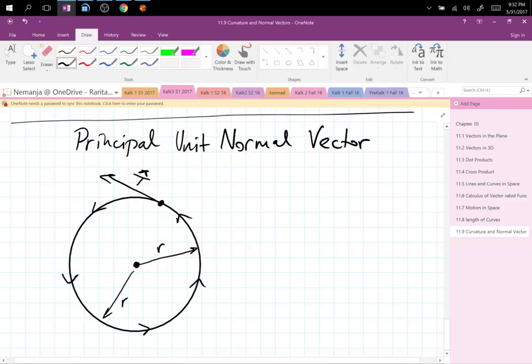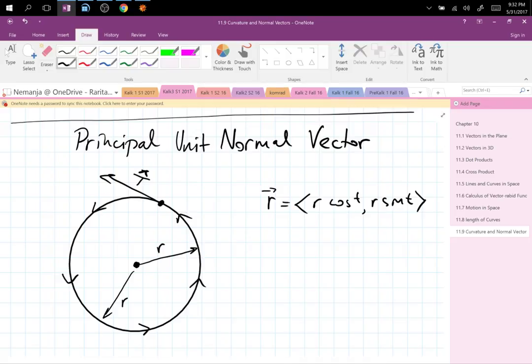We know that if we write our vector as r cosine t, r sine t, we have parametrized the circle where the motion is counterclockwise. So the unit tangent vector must look that way for the point I picked.